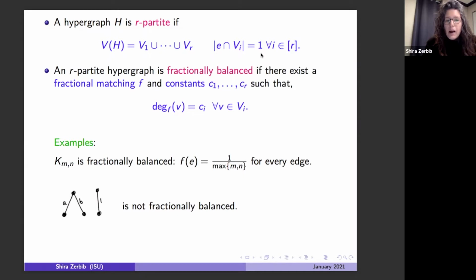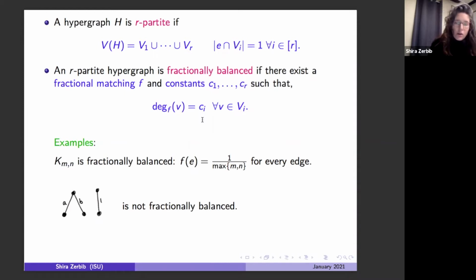An r-partite hypergraph is called fractionally balanced if there exists a fractional matching f of this hypergraph and constants C1 to Cr, such that if I take a vertex v in Vi and look at its degree, the sum of the weights of the edges containing v, then this degree is Ci.